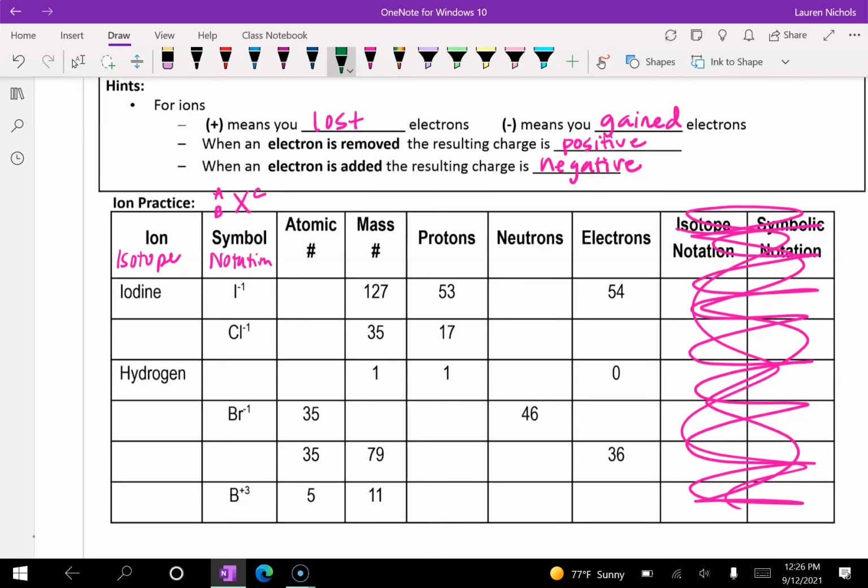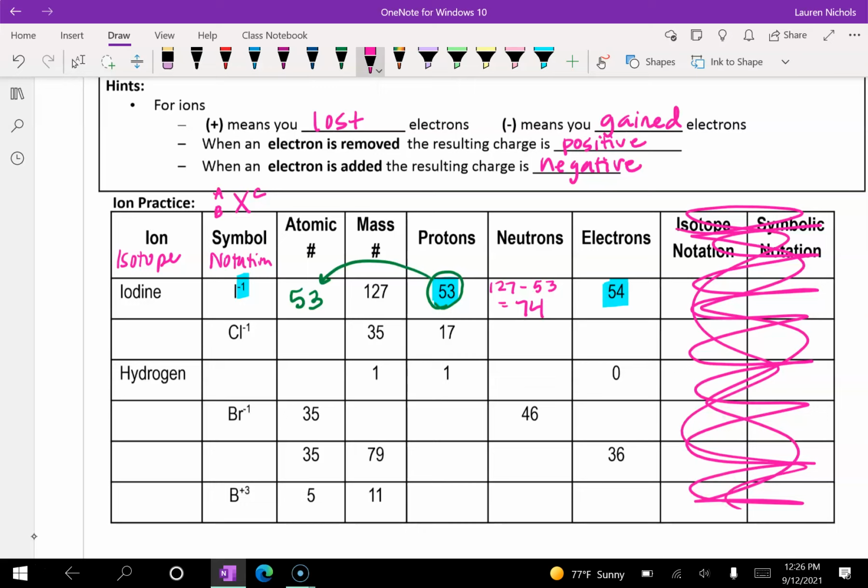So for example, I see that there are 53 protons here. And if I have 53 protons, that means I have an atomic number of 53. Now notice my protons and my electrons are not the same, which is why I have a negative charge here. And then my neutrons I can figure out by saying 127 minus 53, which I'm going to put in my calculator so I don't mess this up on video, 74 neutrons.